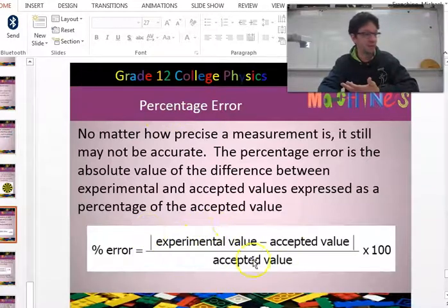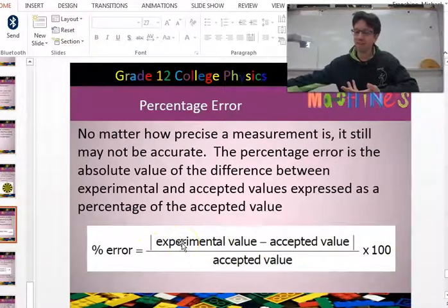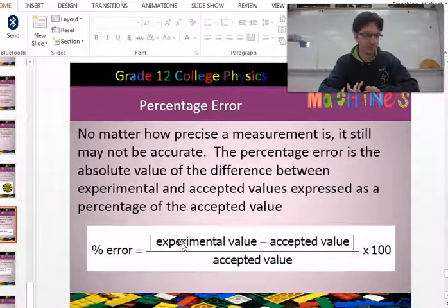And this is the equation we use to solve for it. Your measured value minus that accepted value divided by the accepted times 100%. And we have those absolute value signs there just because we don't want a negative number. We're not going to have a negative percentage.